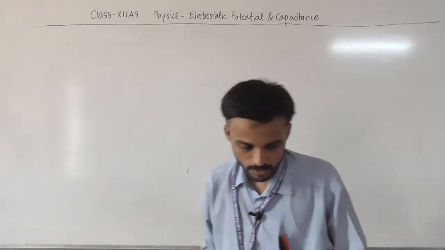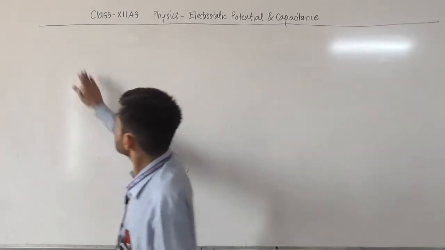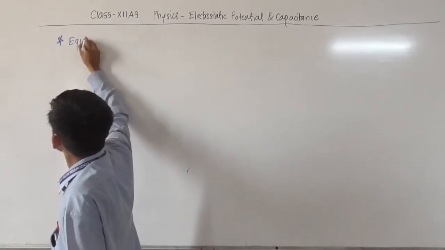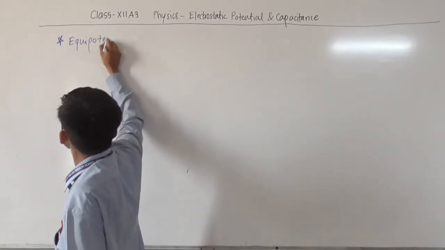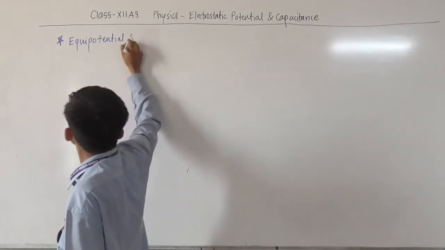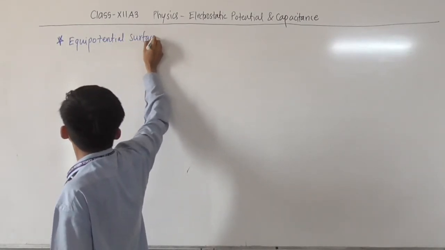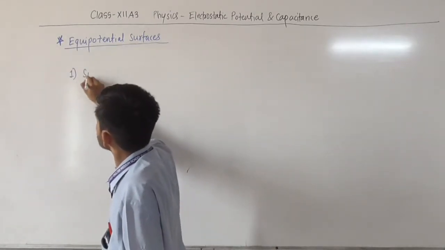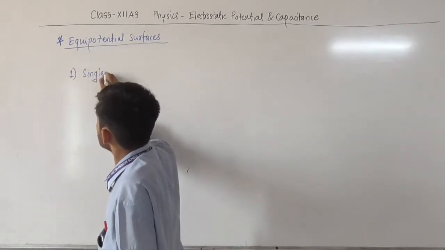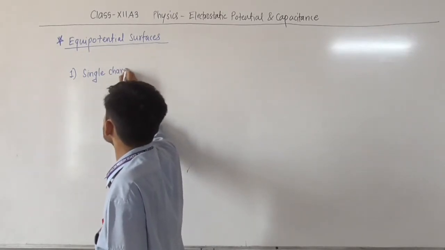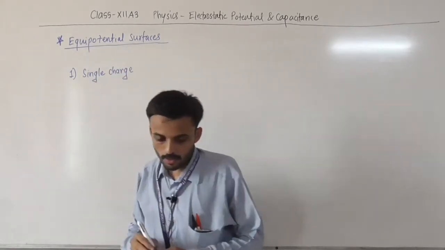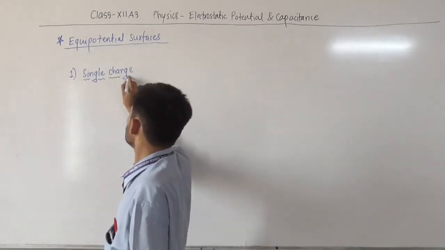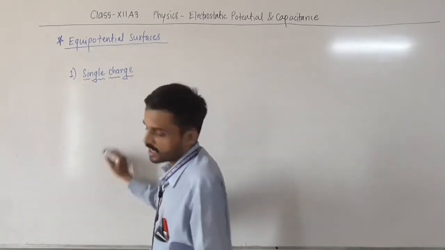First of all, equipotential surface number one, single charge. Just now we have noted that, but now I will give you some extra information about that. तो क्या होगा? Suppose this is a charge Q.